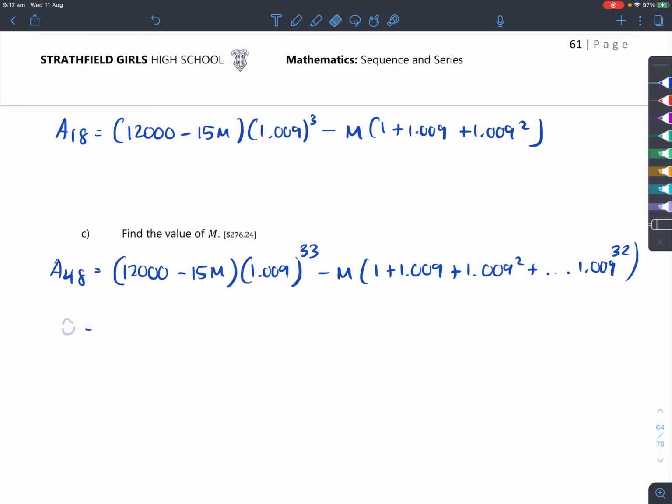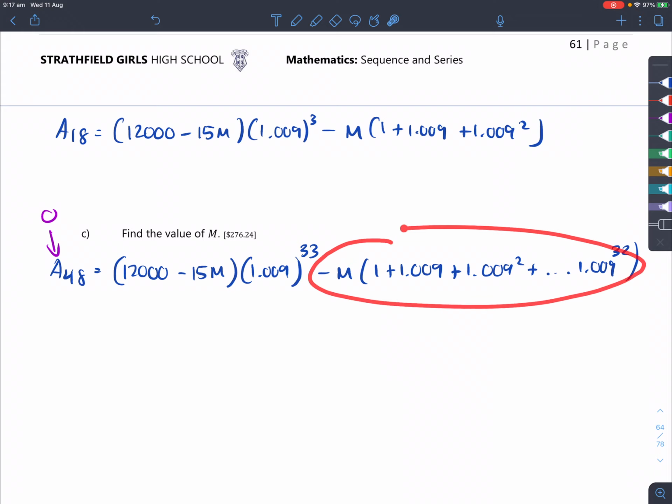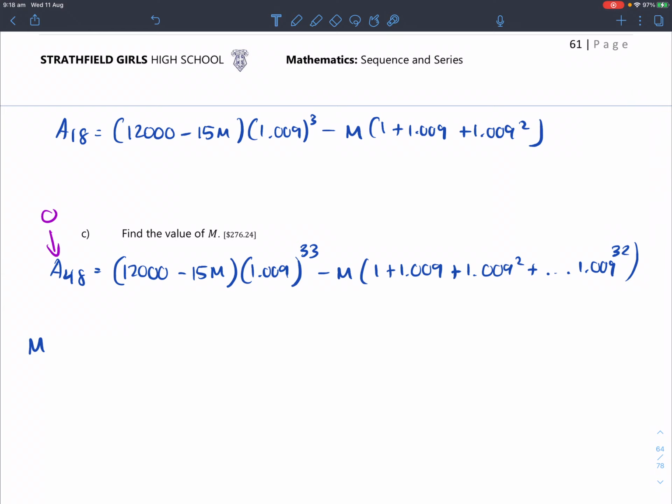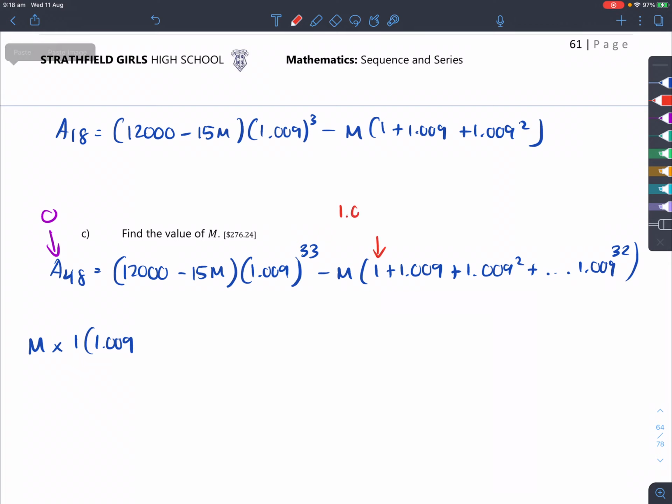But what I'm going to do also is, if this is 0, I'm going to skip a step and move all of this stuff here to the other side, and also apply the sum formula to this series. So that will be 1 bracket 1.009. Now this would have 33 terms because this number 1 here is 1.009 to power of 0.